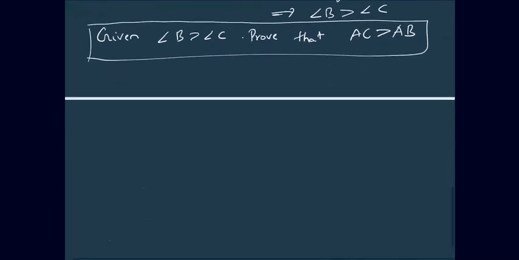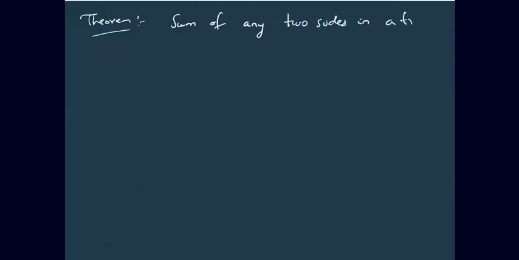Now let us move on to discuss one more inequality in a triangle. You need to prove that the sum of any two sides in a triangle is greater than the third side. So this is our requirement: the sum of any two sides in a triangle is greater than the third side.